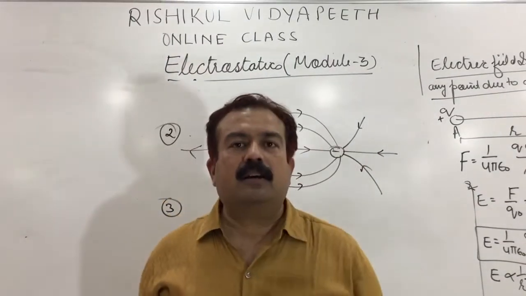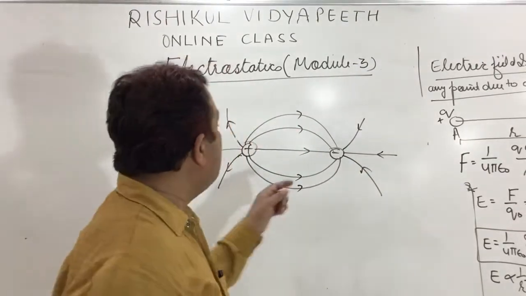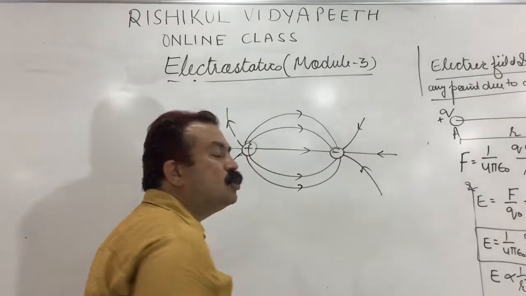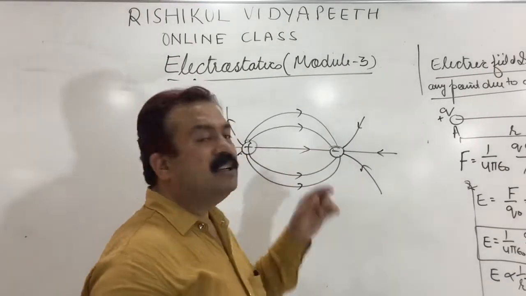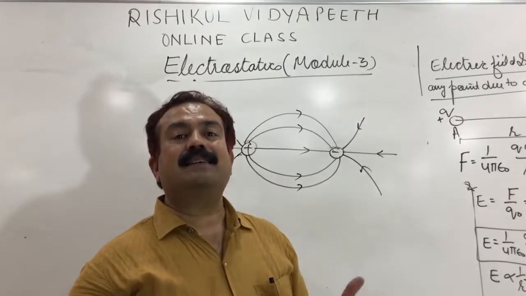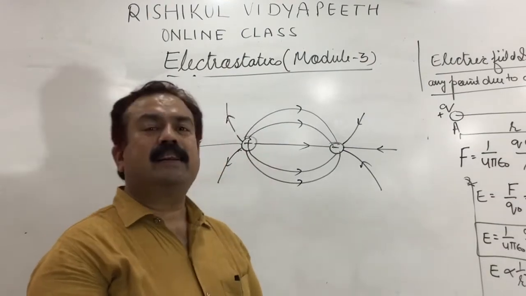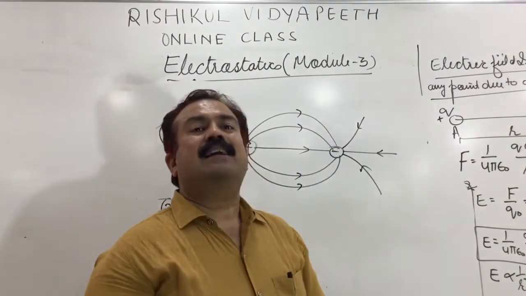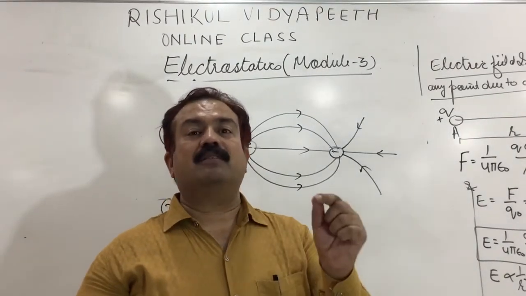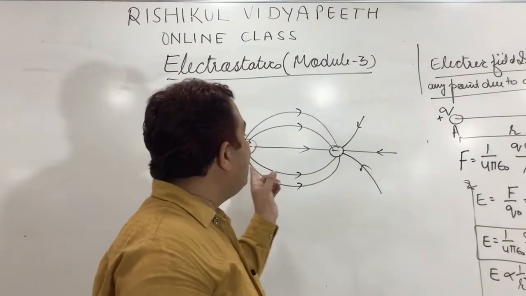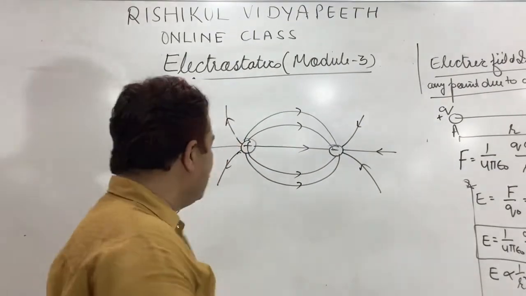They contract longitudinally. So this combination is called an electric dipole. When two equal and opposite charges are present at a certain distance, that is called an electric dipole. So in the case of an electric dipole, electric lines of force contract longitudinally, which is responsible for the attraction force between these two charges.